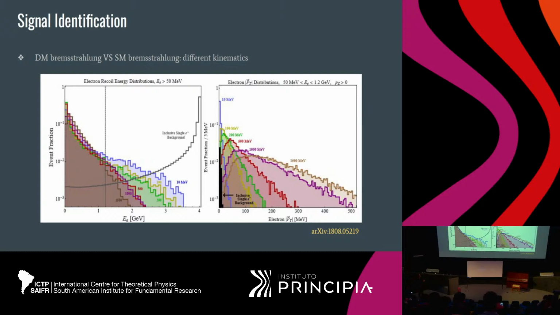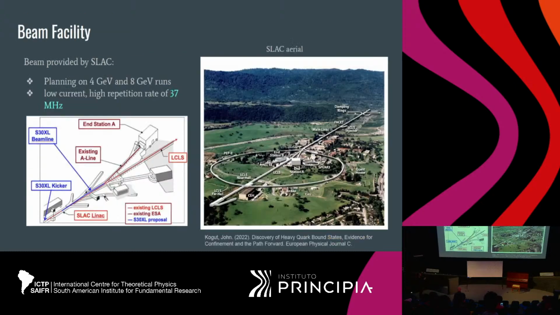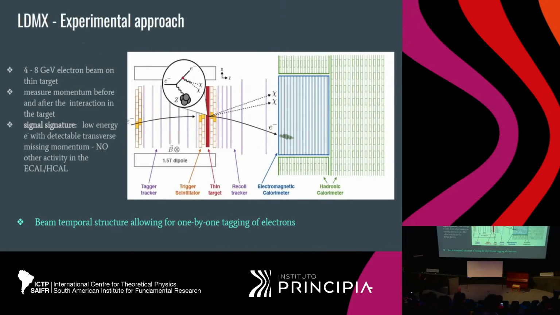So here you have the comparison between the recoil energy of an electron. Let's assume that an electron, instead of doing A prime Bremsstrahlung, has a normal Bremsstrahlung, okay? So you have a Bremsstrahlung photon and your recoil electron. But this is a very common process.